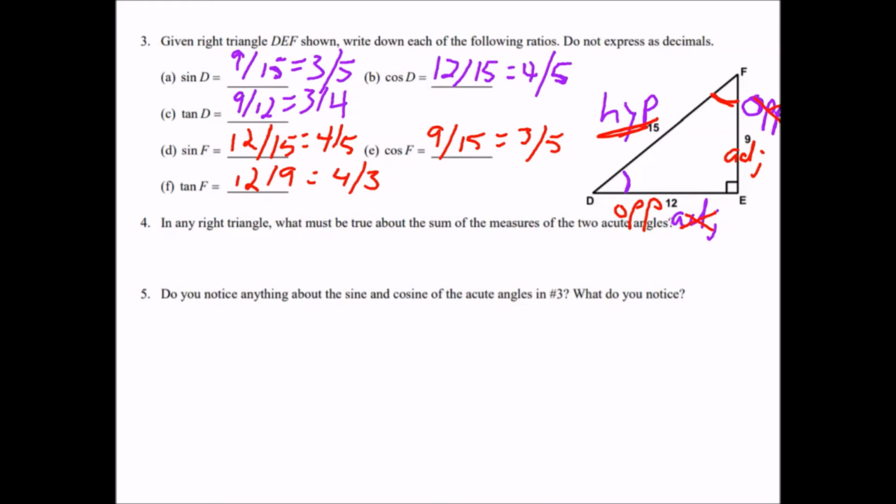Question 4, in any right triangle, what must be true about the sum of the measures of the two acute angles? So what this is getting at is that there are 180 degrees in a triangle. 90 of that is taken up by the right angle.